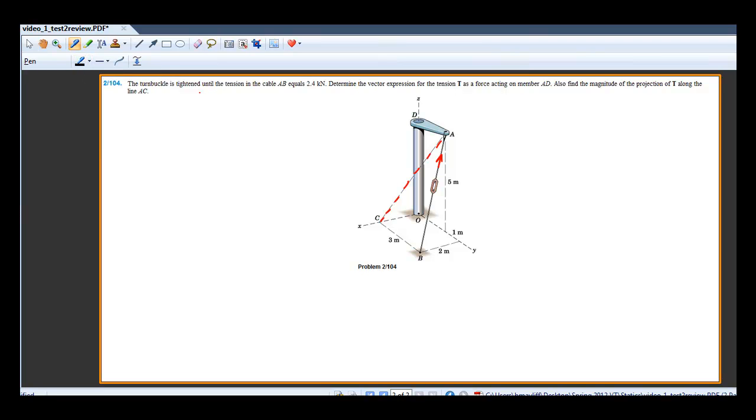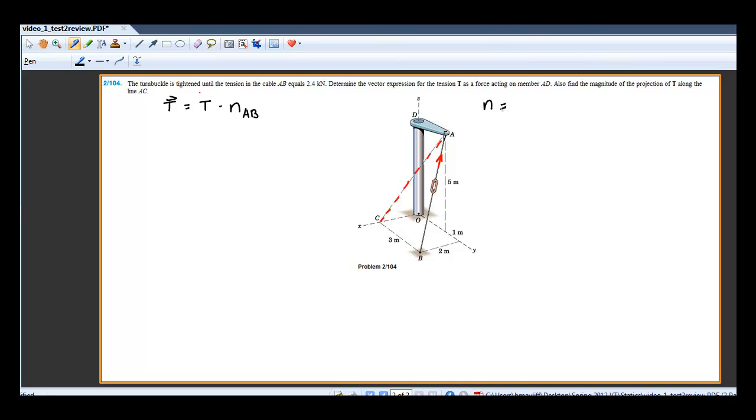Well, in the last video, we said that the tension, or the force, is equal to the force times the unit vector. The unit vector in this case is going to be from A to B or B to A, depending on which direction the tension's going in. I probably did that wrong, but it doesn't really make a difference. We start out with the x.